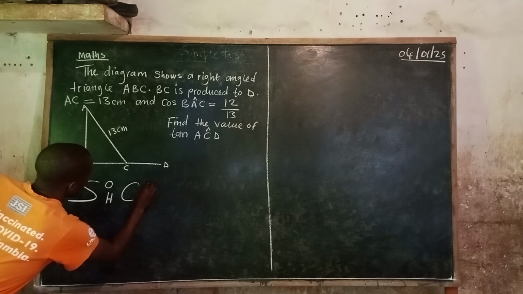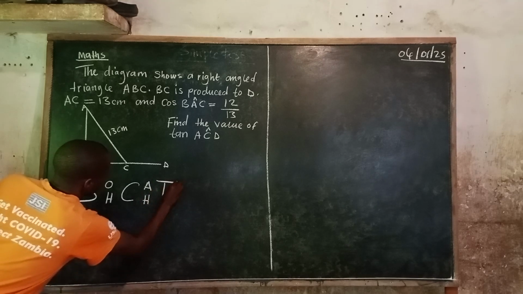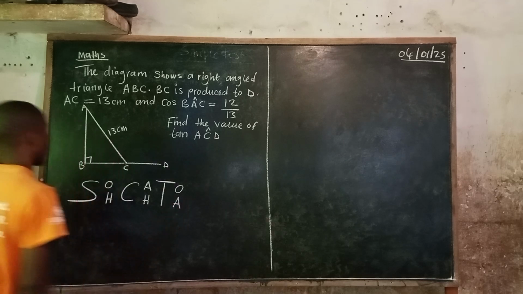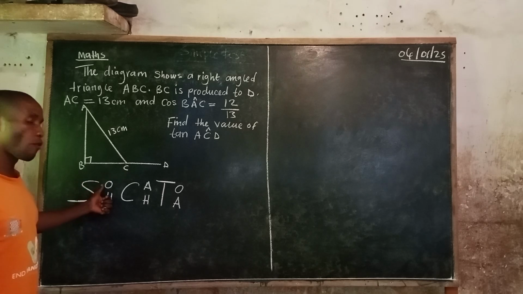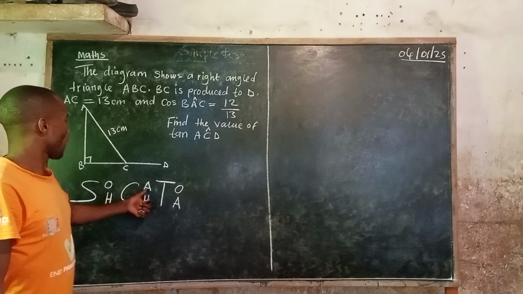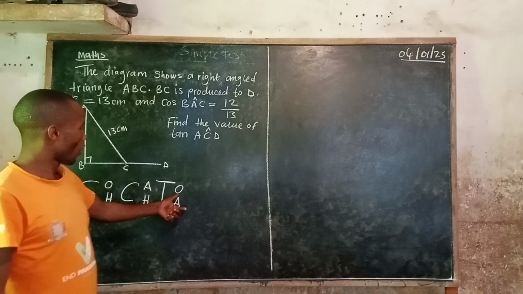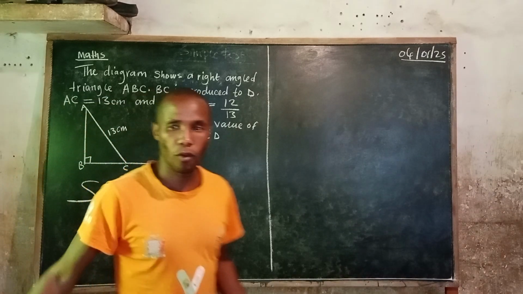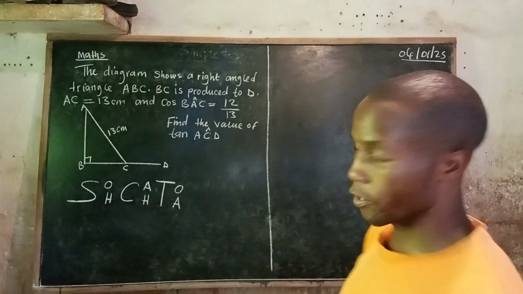What does this mean? Sine is equal to opposite over hypotenuse, then cos is equal to adjacent over hypotenuse, then tan is equal to opposite over adjacent. So you should have that in your mind for you to remember the trigonometric ratios.